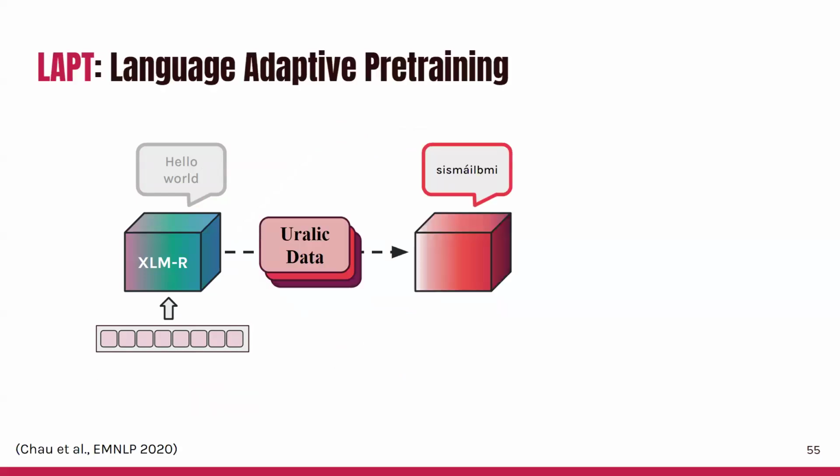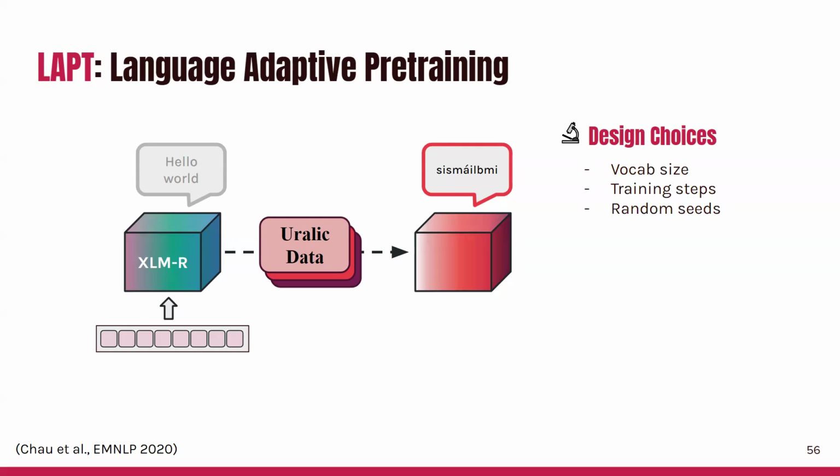And then once we have our specialized model, we perform language adaptive pre-training to adapt X-ELMR to the Uralic language family. And so language adaptive pre-training is a common adaptation setup where you continue training the model on its original pre-training objective, but with new data in order to specialize it. And we consider a number of different design choices here.